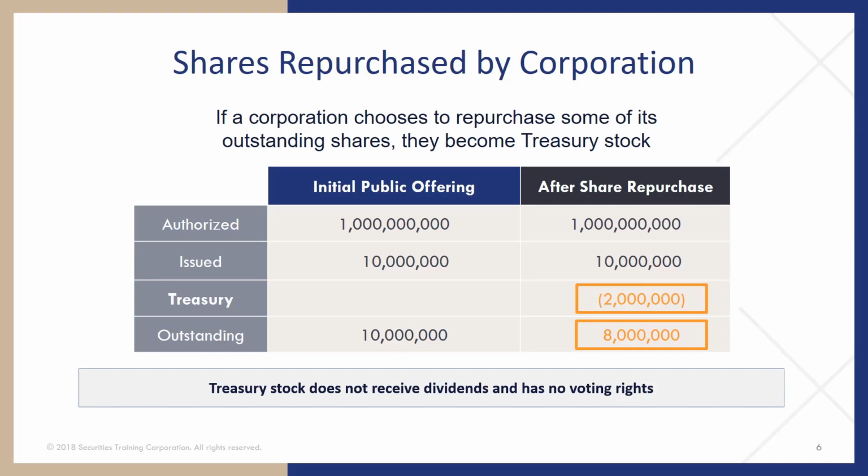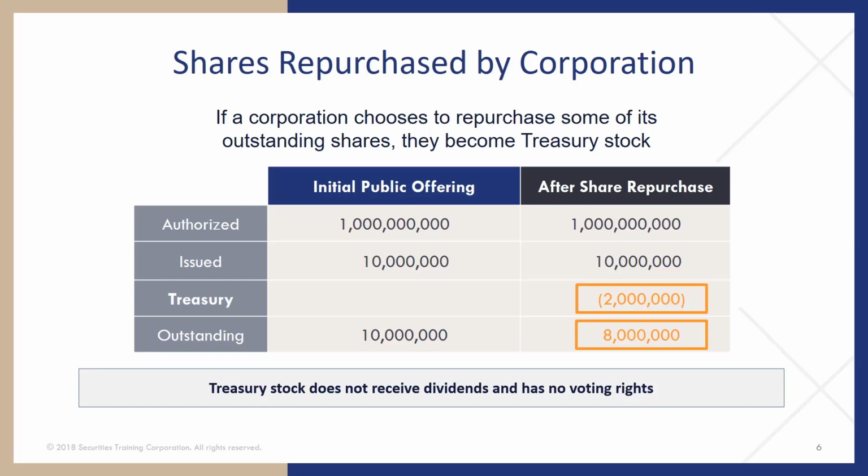If they earn that same $10 million and they purchase the treasury shares of 2 million and use some of their excess funds to do that, and they maintained $10 million worth of profitability, if we took 10 million and then divided that by not 10 million shares, but 8 million shares, the earnings per share would be found by taking 10 million divided by 8 million, which is $1.25 per share.